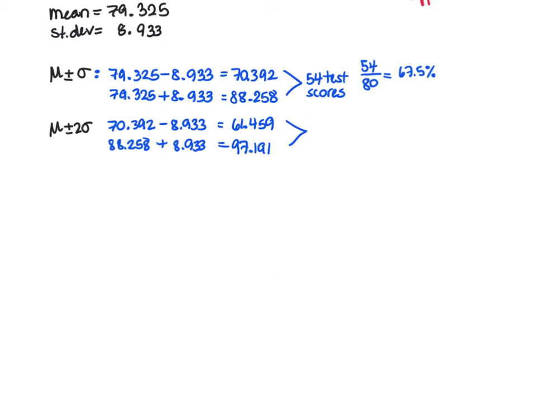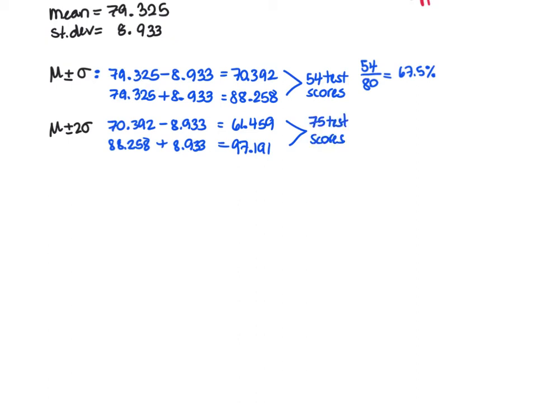To be fair, I think most of the values are inside that range, so what we might want to do is count how many are outside that range and then do our division to see if it meets the 95% within 2 standard deviations rule. There were 5 on the lower end and none on the upper end that were outside of that range. 80 minus 5 is 75.